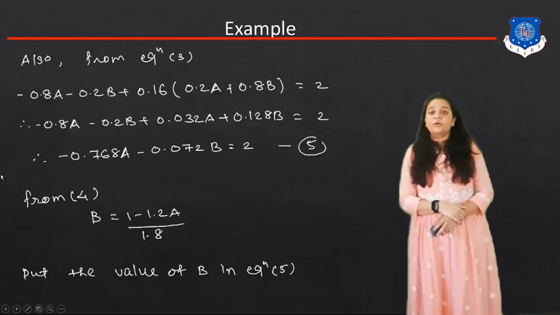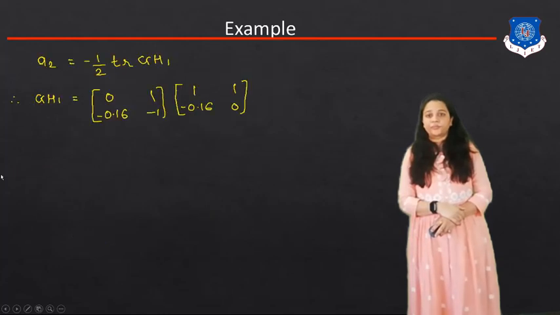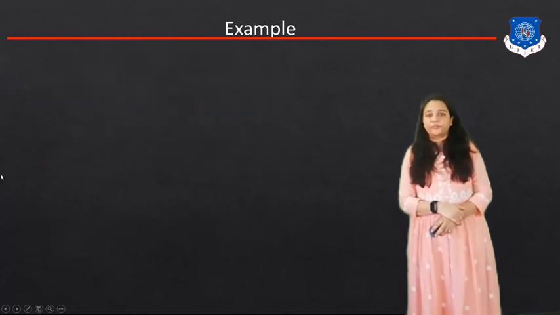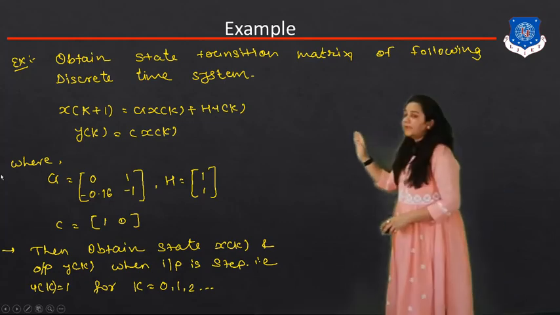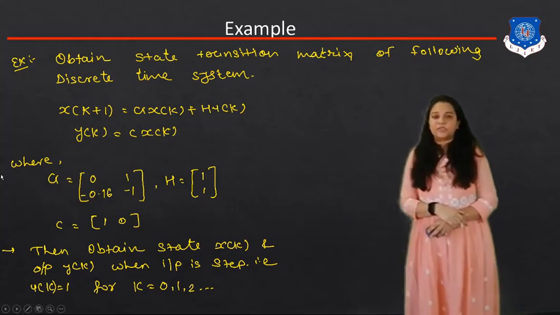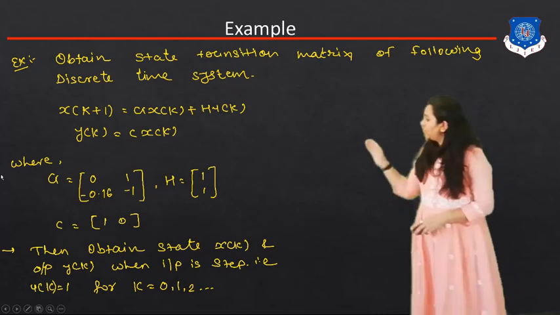Okay, so in this example here you can see that y of k is equal to C into x of k. Okay, so put the value of C and x of k in this equation.